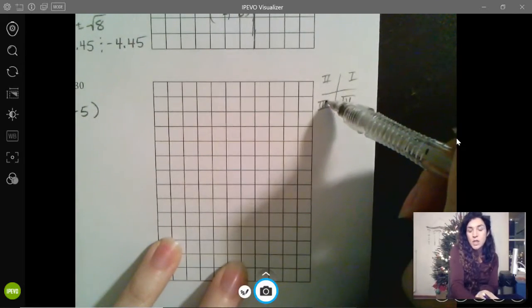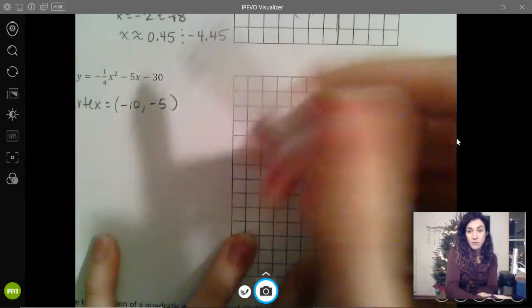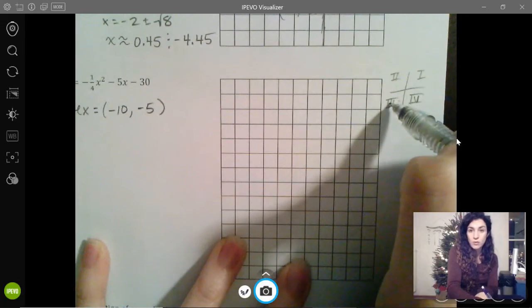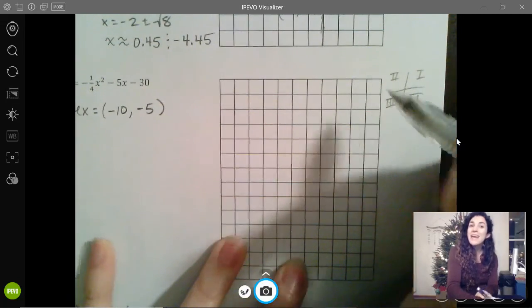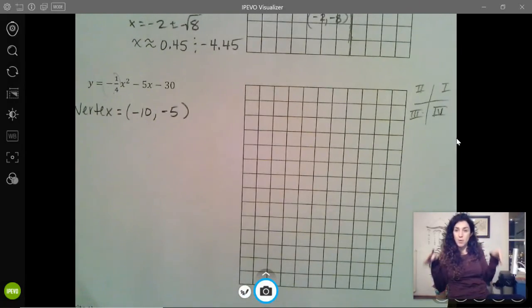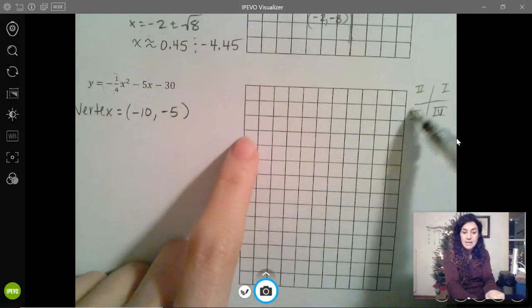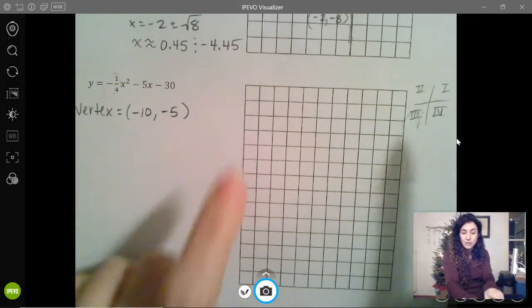So I know that I'm in the third quadrant of my graph because I'm starting out with a negative number, and this is the quadrant where both of your numbers, your x and y values, are negative, and I have a -a value, which means that my parabola opens down, which means I'm only really staying in this section.